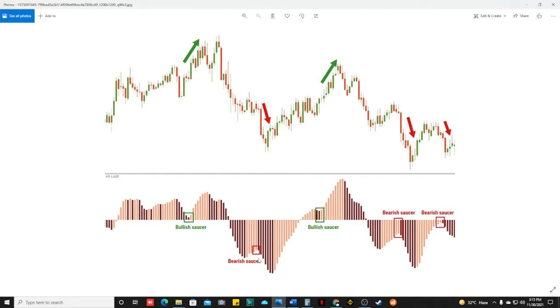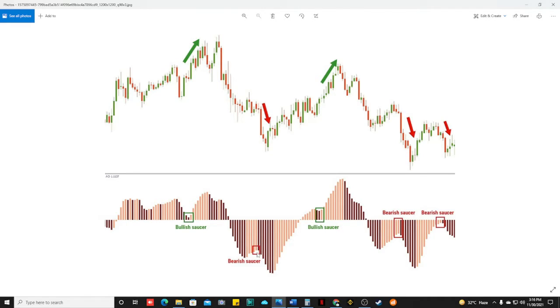So here, this is another bearish saucer: 3 green candles and then 1 red candle. If you notice, the red candle is bigger, showing that it is still going down.